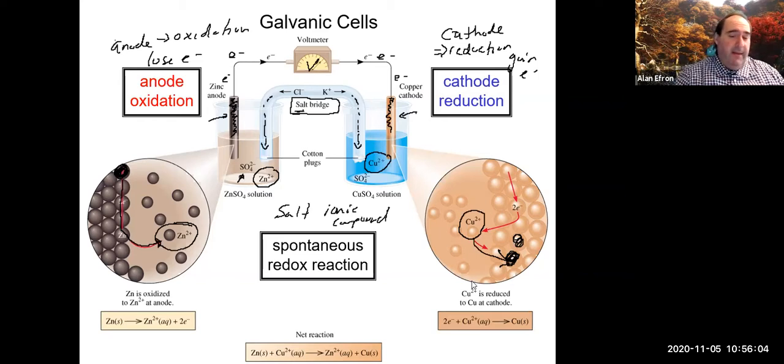And what I mean by that is, if we just think about what's happening in both beakers, right? When the oxidation occurs on the zinc side, we are dropping positive ions into that solution.